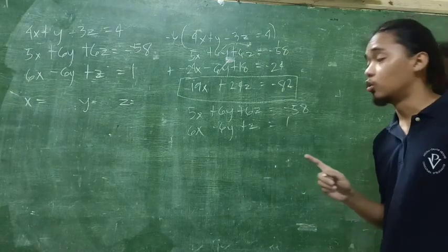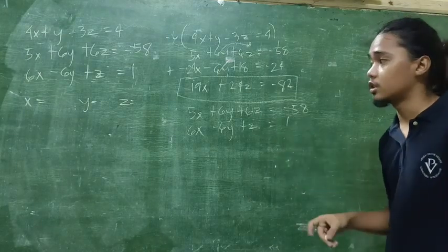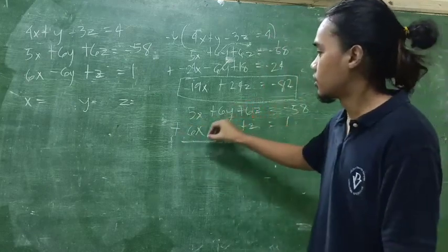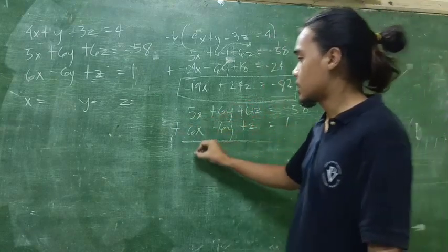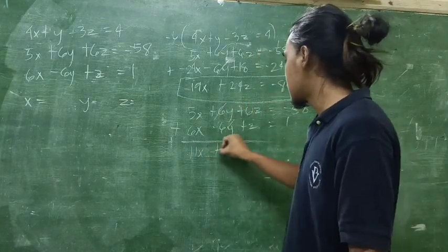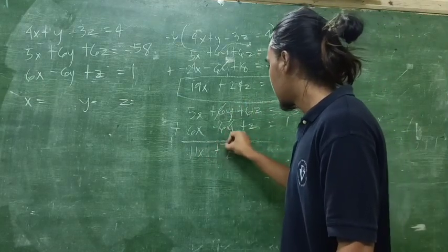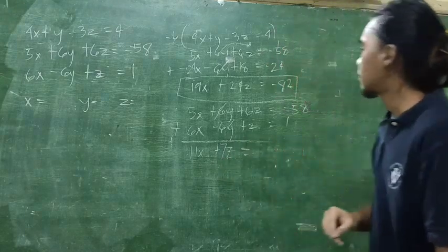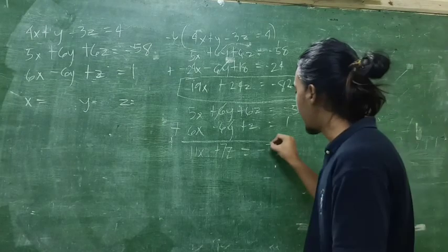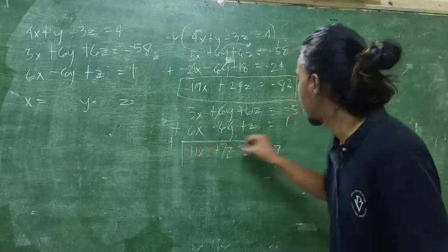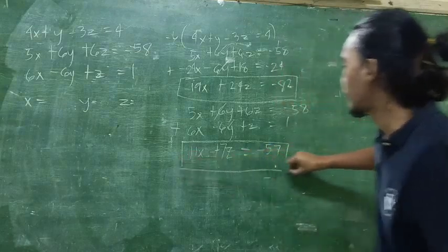We don't have to manipulate either of the equations, we just simply add both. So 5x plus 6x is 11x, cancel the y, plus 7z equals negative 57. So we have our second equation.